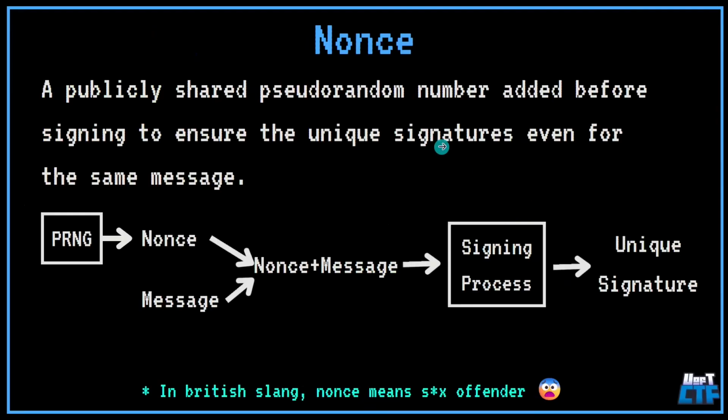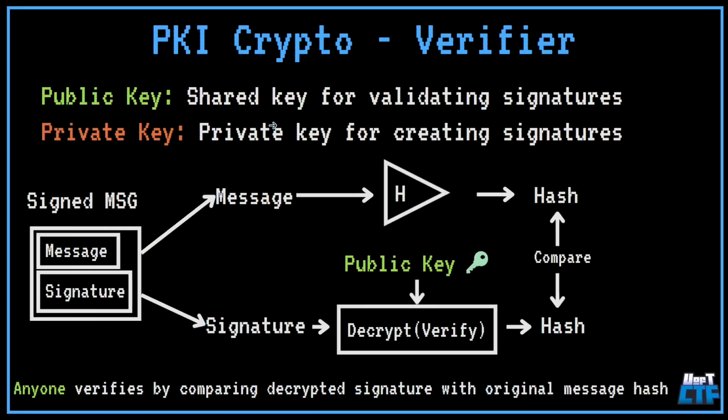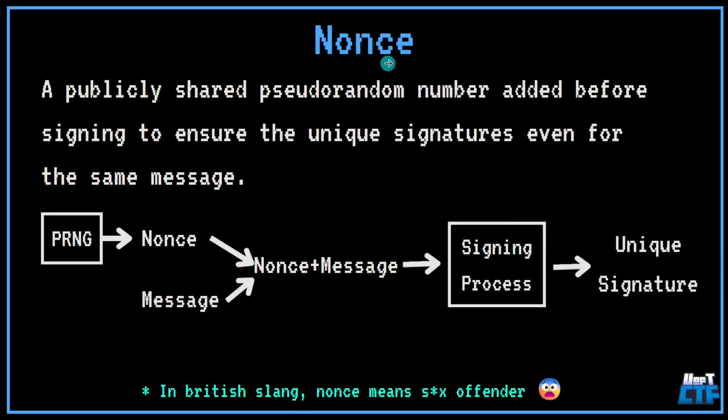There's one more thing. For signatures, the message and the key are the inputs, but if you use the same message and the same key, you get the same signature, right? Because it's deterministic. So sometimes you want to add a little bit of variance between them. So you have something called a nonce, which is just a number added, and usually it's public.